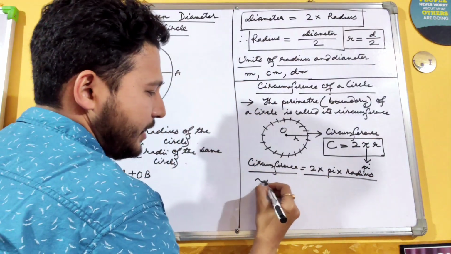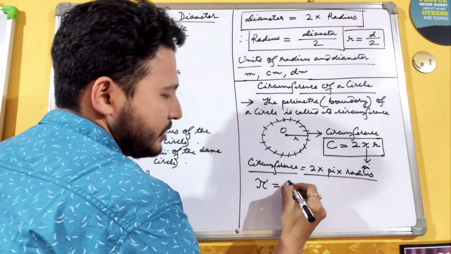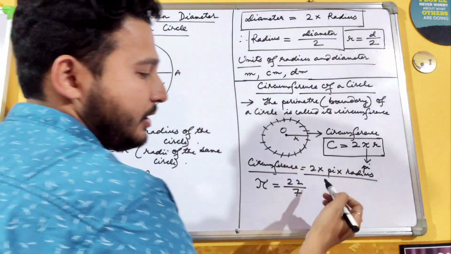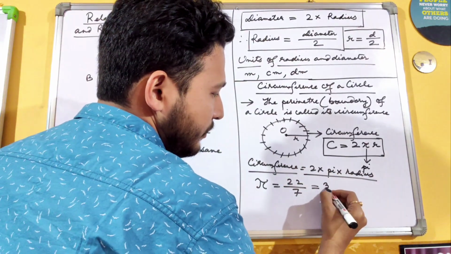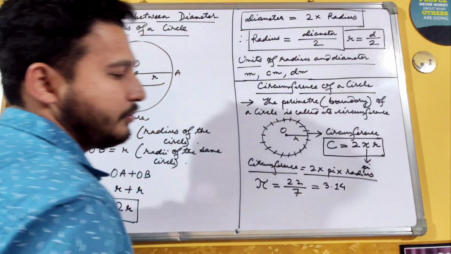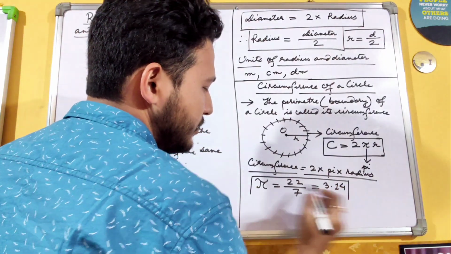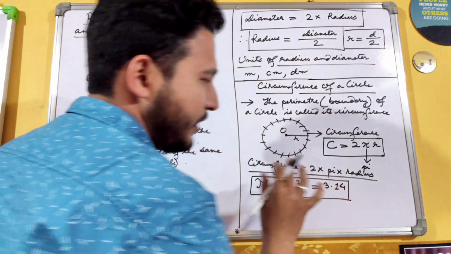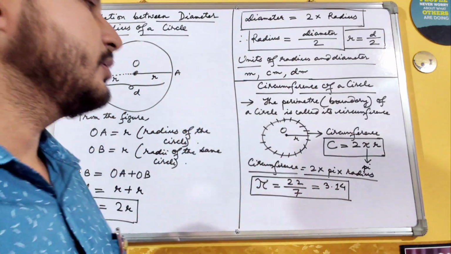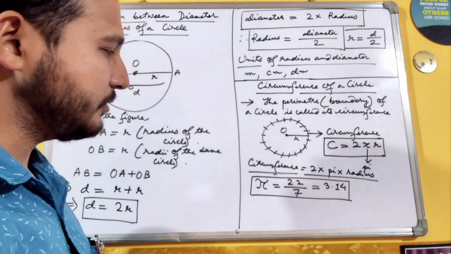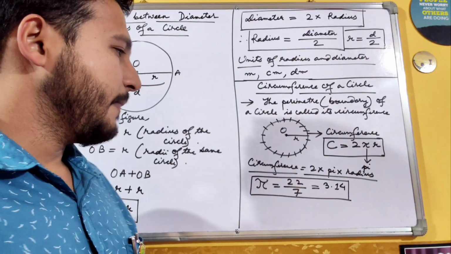Now pi has a value which is 22 by 7, and if you convert this fraction into decimals, it becomes 3.14. That's the value of pi which you need to use in solving problems. I'm just providing basics, not going so deep for junior classes.